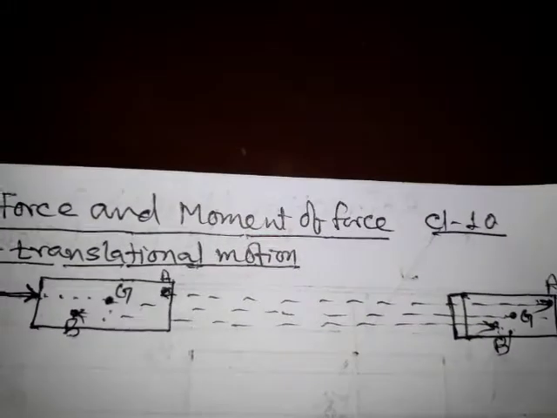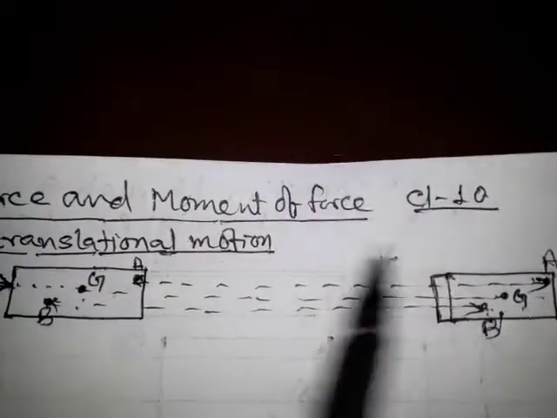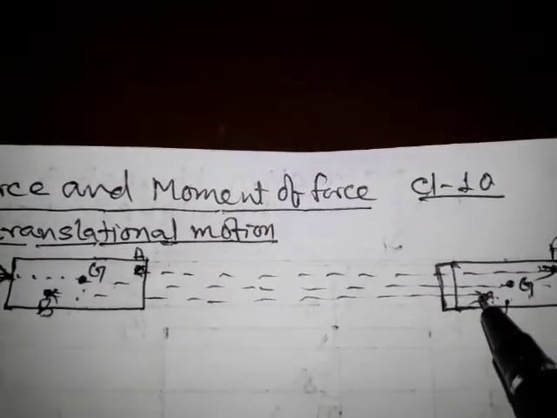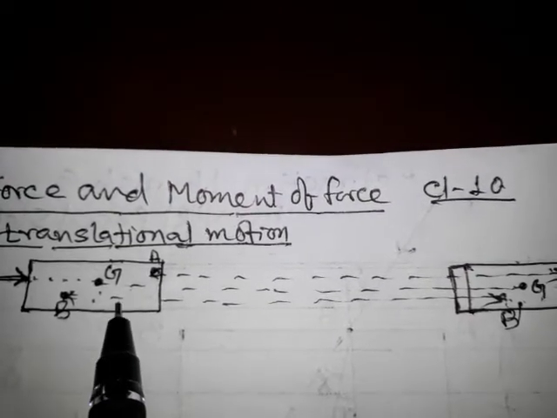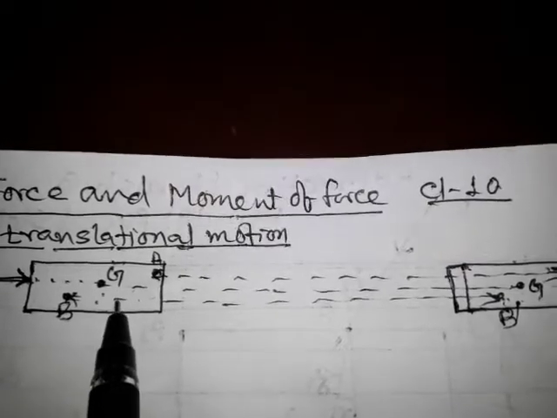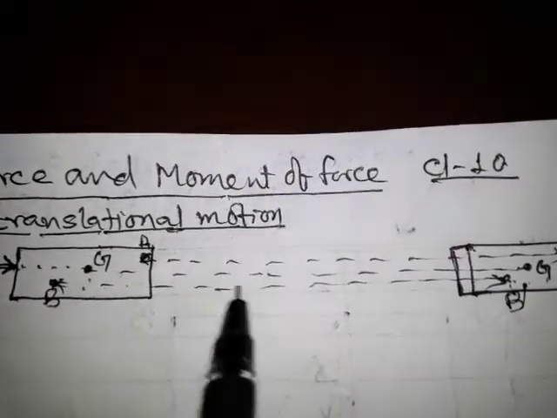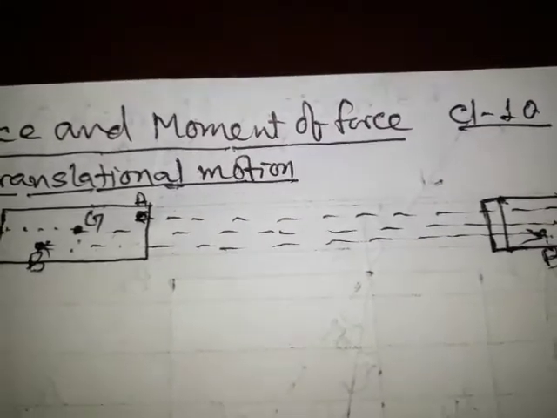All the displacements will be the same. Time is the same; in the same time it is displaced. Naturally, speed will be the same. So in this type of motion, the displacement, velocity and acceleration of all the particles of the object will be the same. These are the characteristics.